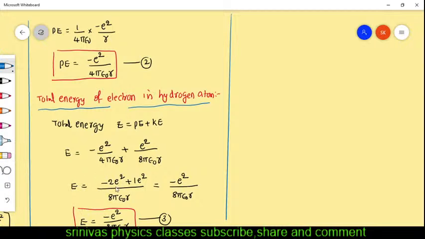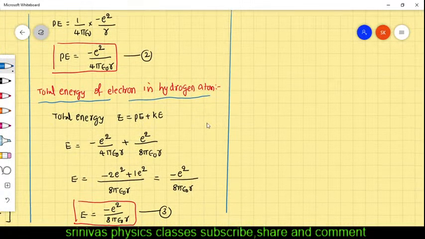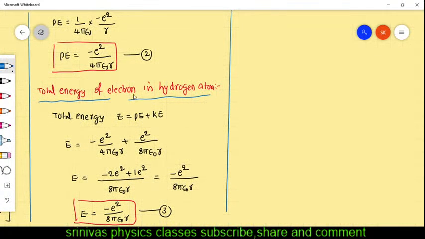Here we got the total energy, as you see in the last equation, and the total energy is negative. What is the meaning of this? The total energy of the electron is negative.